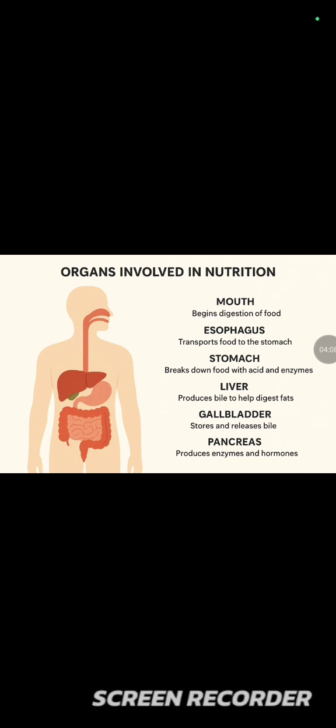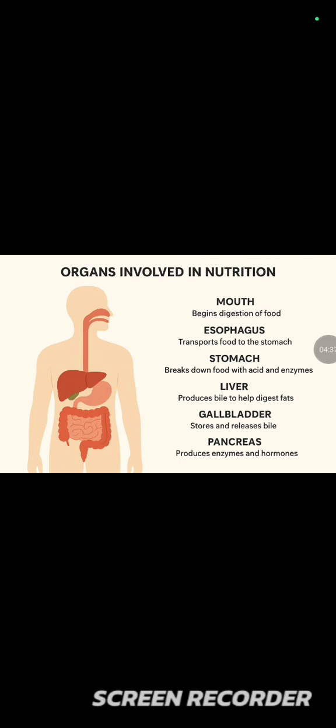The liver also plays a very important role. The liver produces bile juice, and that bile juice gets stored in the gallbladder. The liver is the largest internal organ in our body, and it produces bile. The primary purpose of bile is to emulsify fat, which means it breaks large fat globules into tiny droplets.